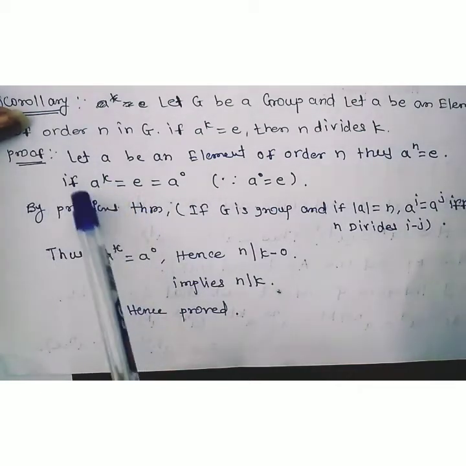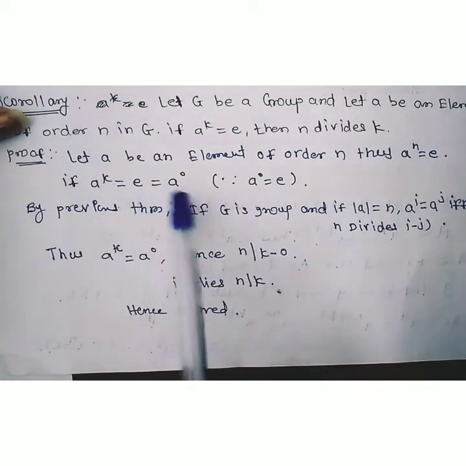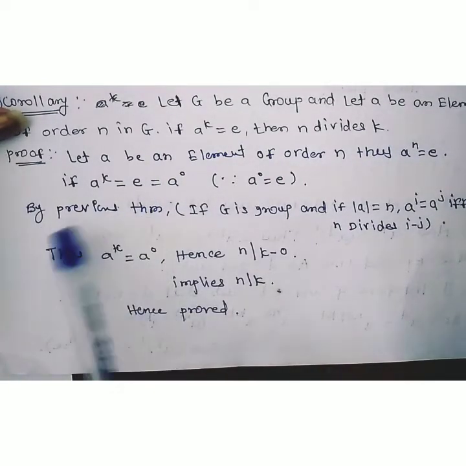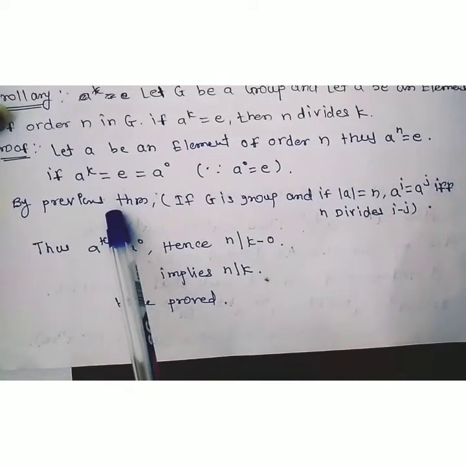Therefore we have A raised to k is equal to identity is equal to A raised to 0, by the previous theorem. In the last lecture we did the theorem based on the cyclic group.